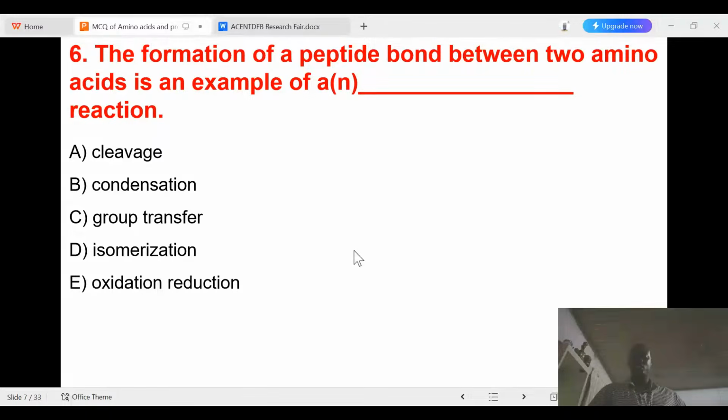Is it cleavage? Is it condensation? Is it group transfer? Is it isomerization? Is it oxidation? So which one is the answer? Condensation reaction. I'm waiting for your answer.